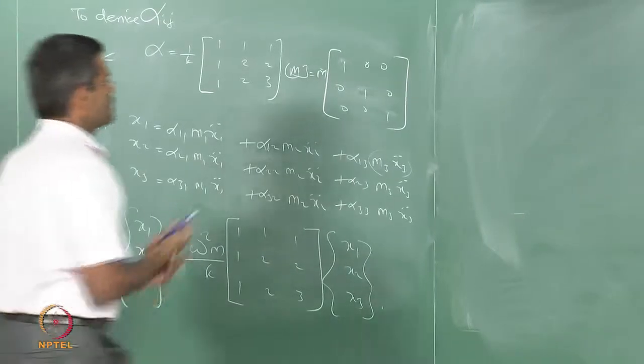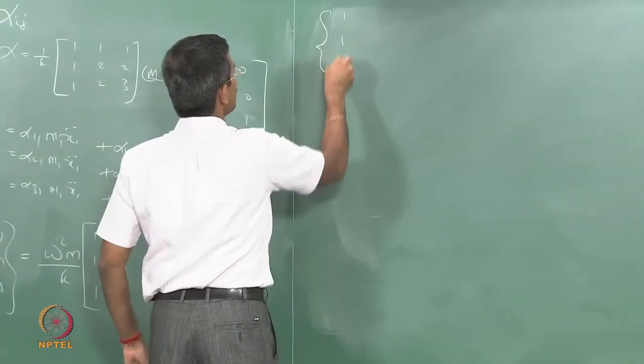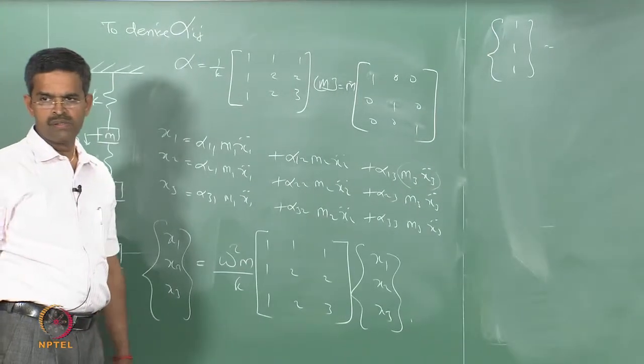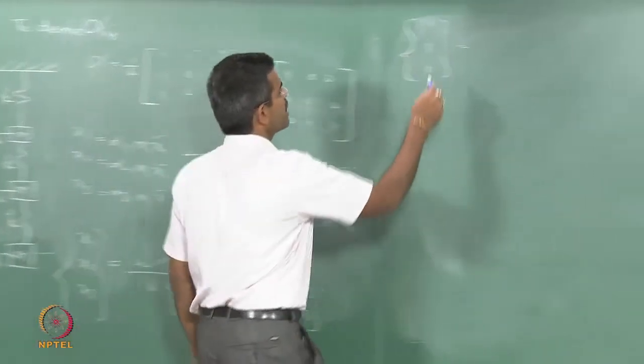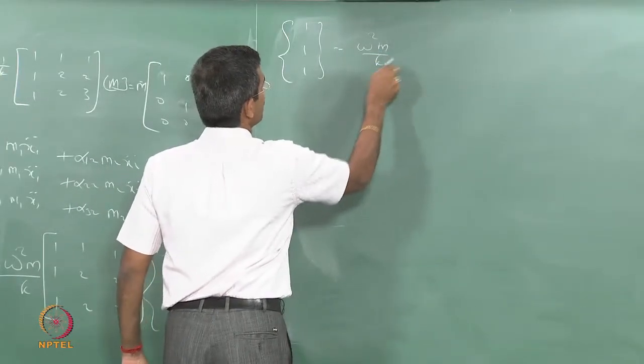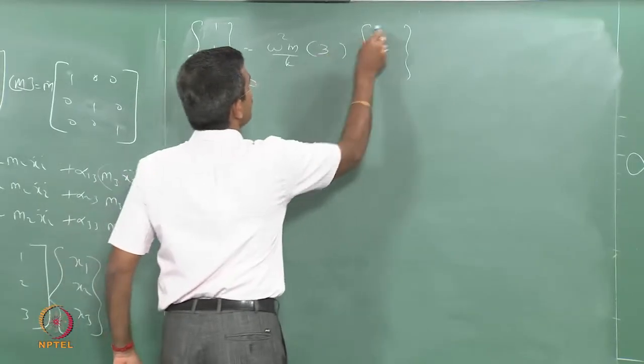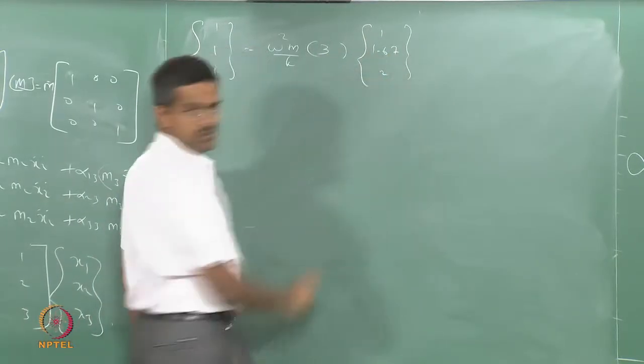Let us start with the first iteration as 1 1 1, and get me the multiplier of omega square m by k of the vector. The multiplier is 3 and 1.672 and so on.